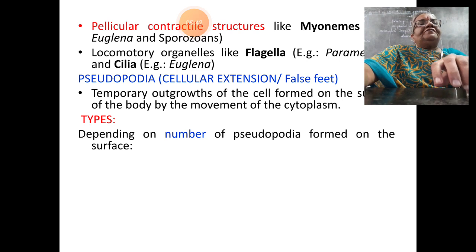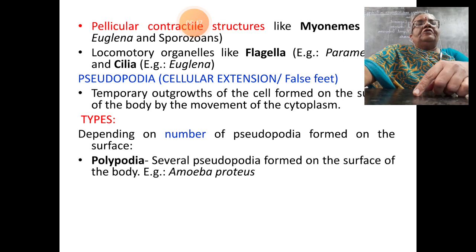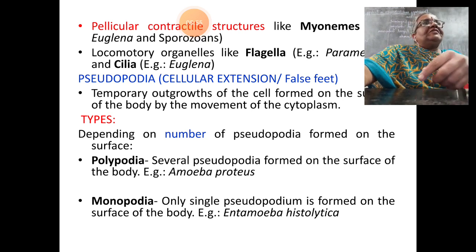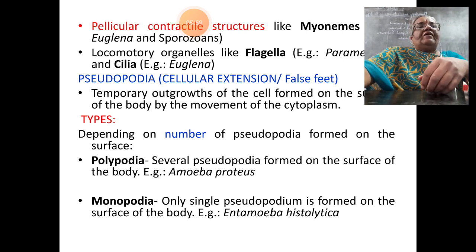Depending on the number of pseudopodia formed on the surface, pseudopodia can be categorized into polypodia and monopodia. Poly means many, poda means foot. Several pseudopodia are formed on the surface of the body, as you see in case of amoeba proteus. Amoeba generic name, proteus specific name. So if you see several pseudopodia being formed, then you use the term polypodia.